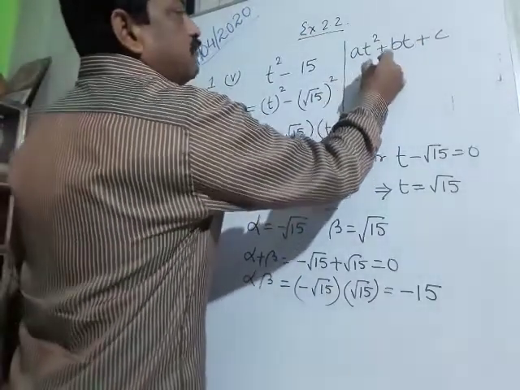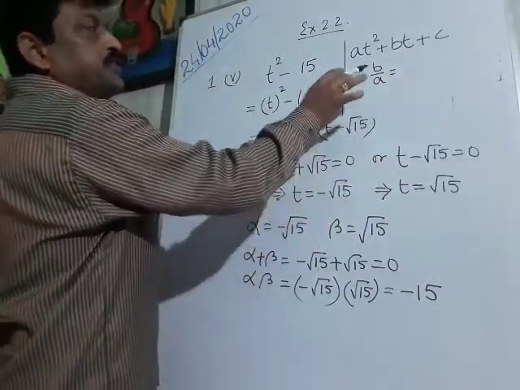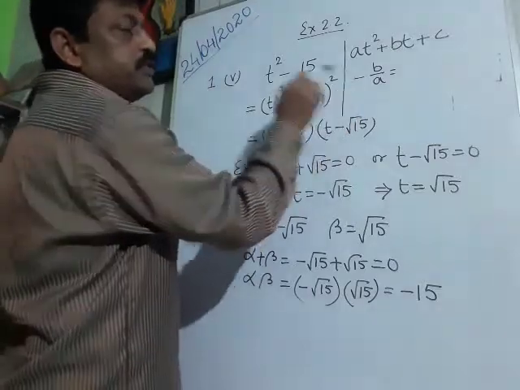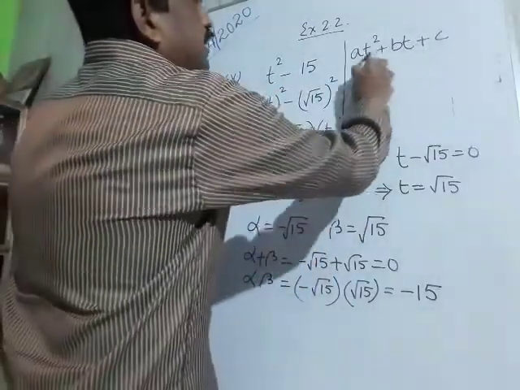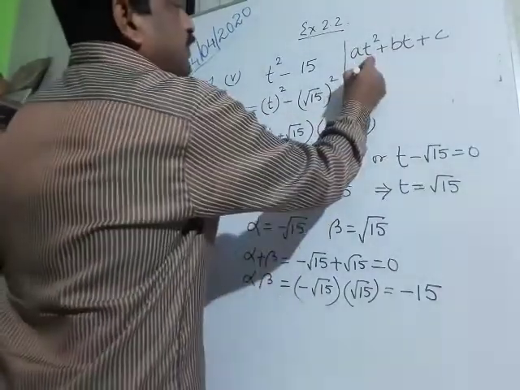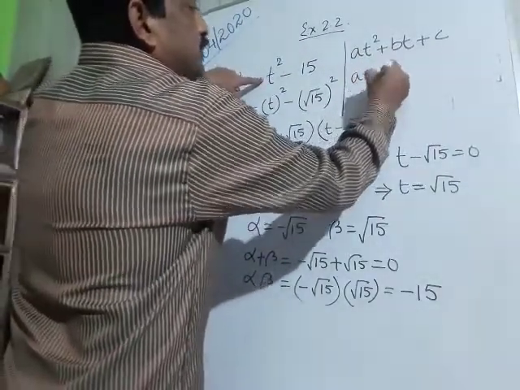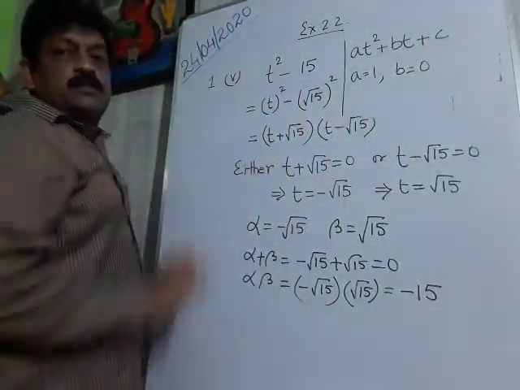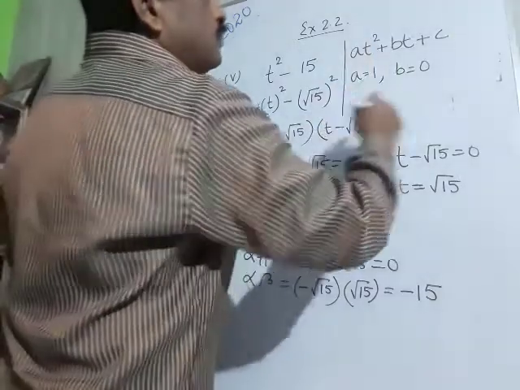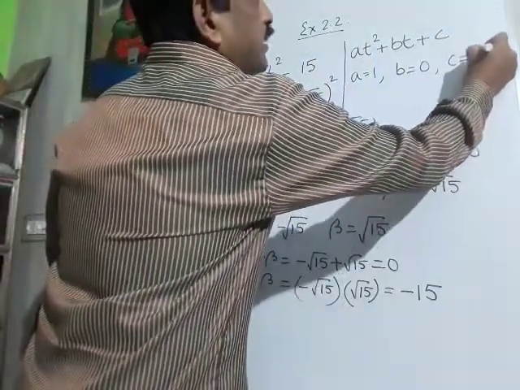So what is minus b upon a? That is minus of coefficient of t by coefficient of t square. First let me write down the values of a, b and c. So a here is 1, the coefficient of t square is 1, b is 0 because the coefficient of t is not there, and the constant term is minus 15, so c is minus 15.